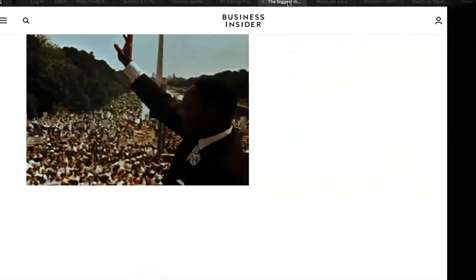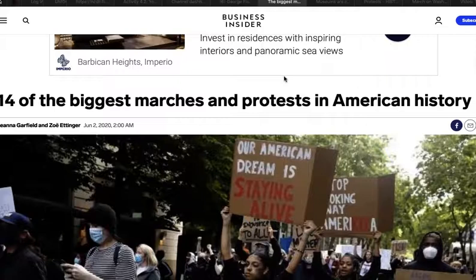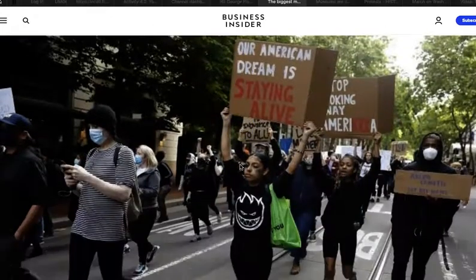Also, there are other sites where they can get additional information, like 14 of the biggest marches and protests in American history, for example. You give them a background. The picture tells a lot: the age of those who are on the street, the races of those who are on the street. It's not just about black people, but there are whites out there.